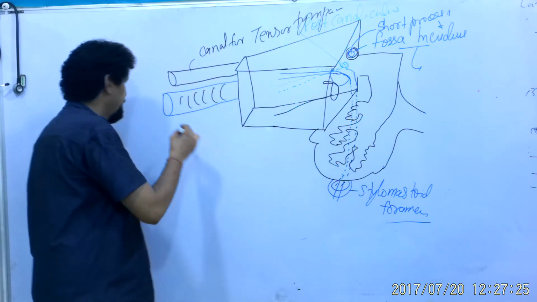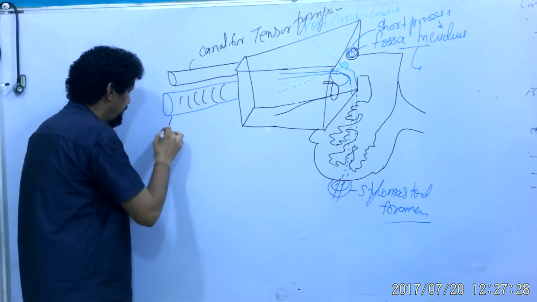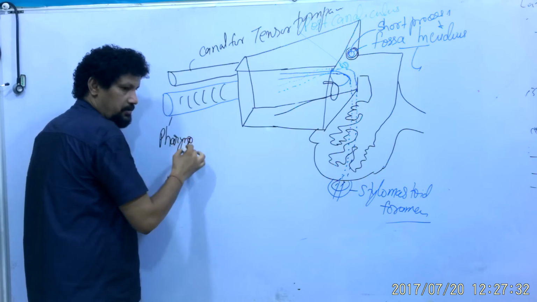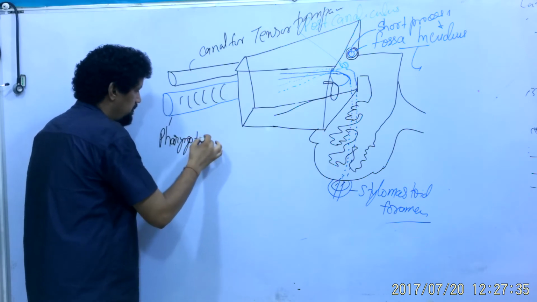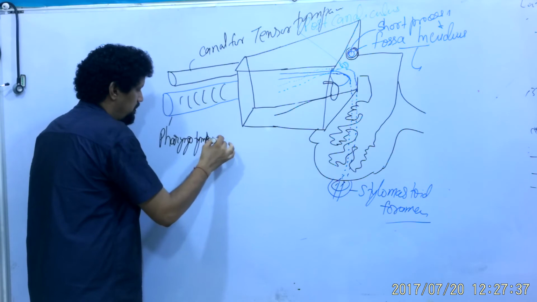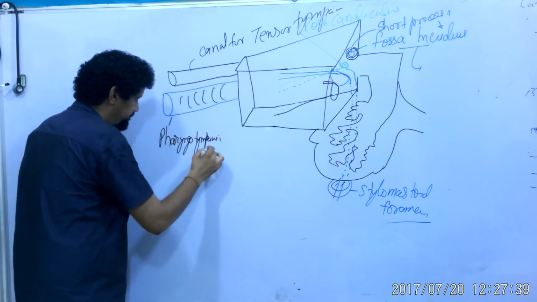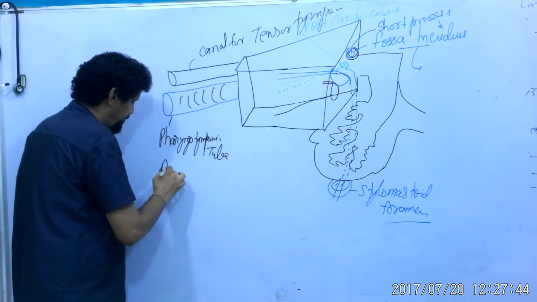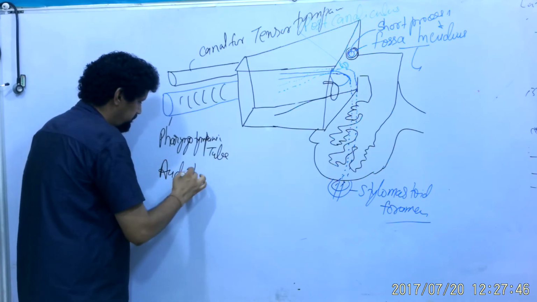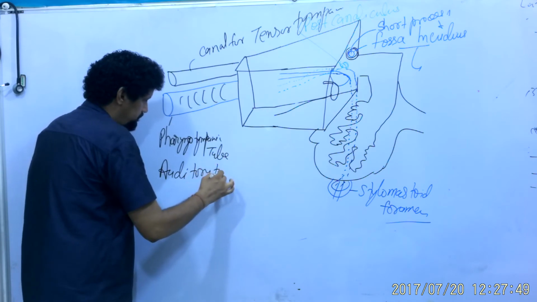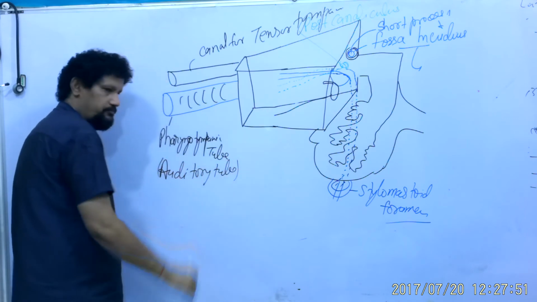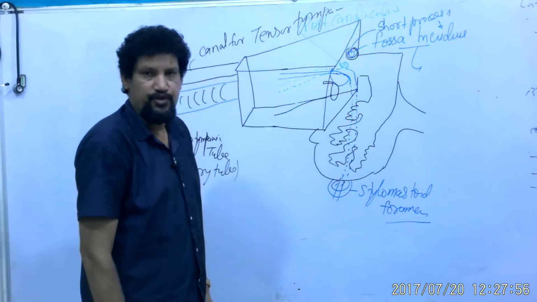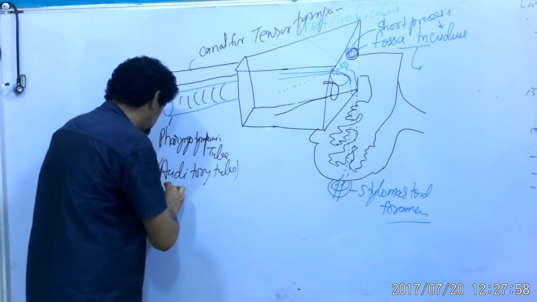So name for this is pharyngotympanic tube or the auditory tube, and it is having a special name, unique name, Eustachian tube.